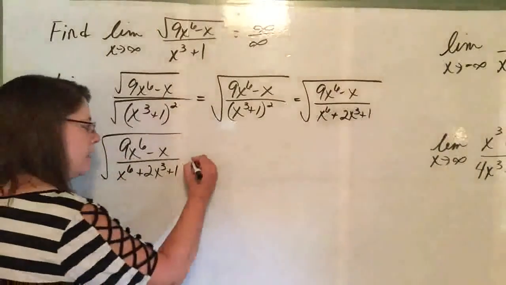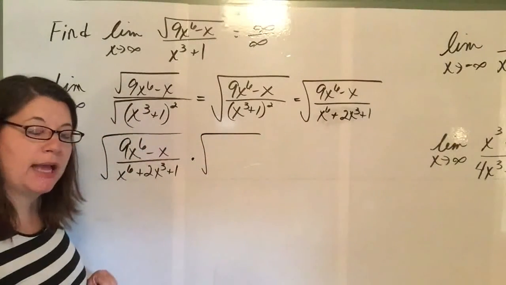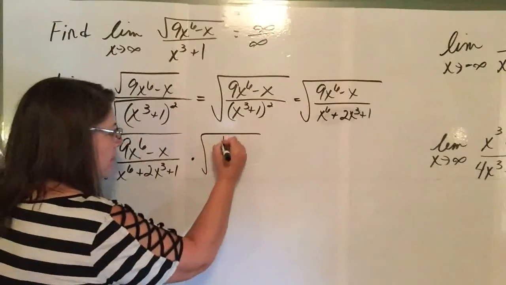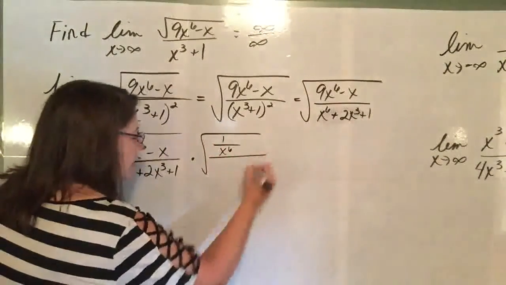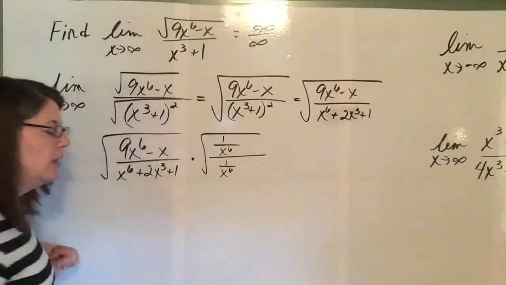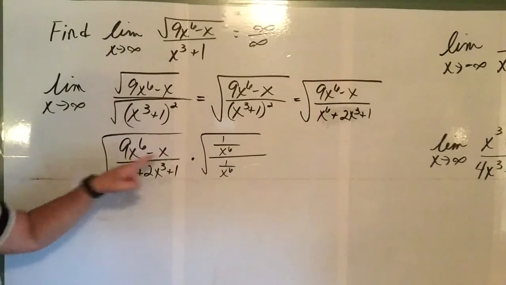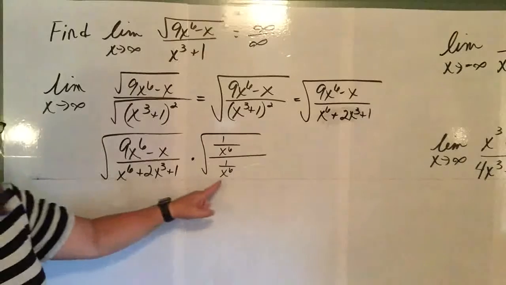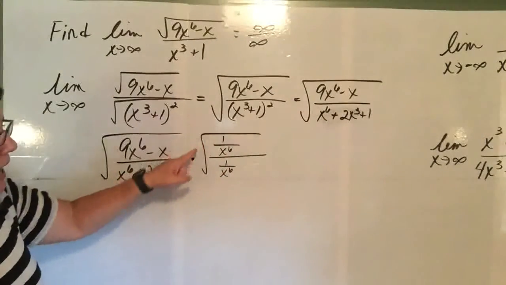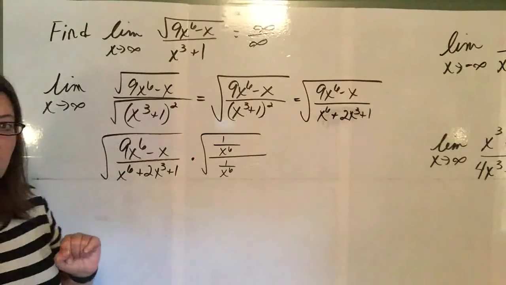Now, if you think about that, isn't dividing by something the same as multiplying by its reciprocal? If I multiply the top by 1 over x to the 6th, and I multiply the bottom by 1 over x to the 6th, isn't that the same thing as dividing the top by x to the 6th and the bottom by x to the 6th? Okay? Essentially, I'm just multiplying by 1 if I divide the top and bottom by the highest power of x.